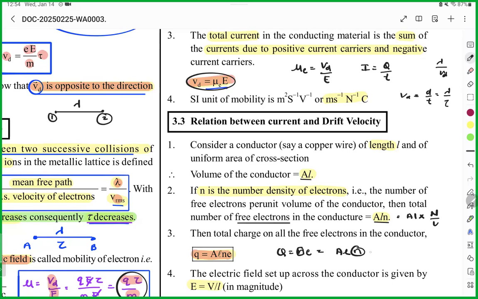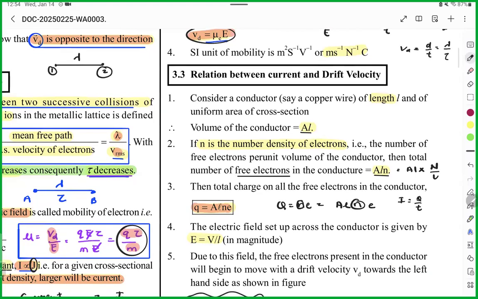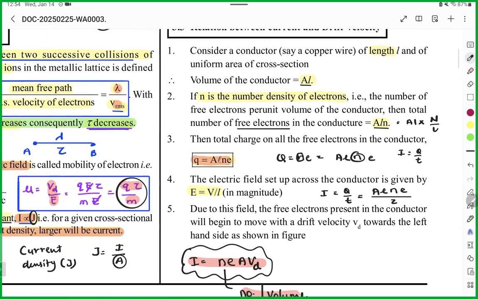Okay. And now e, correct? If you know this, then current value is charge by time. You have charge value, you have time value, then your current will be charge upon time. Charge value is area into length into number density into electron charge, divided by time.